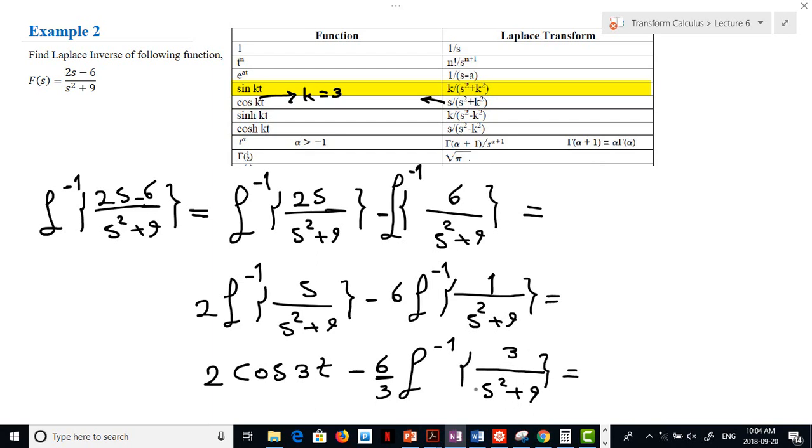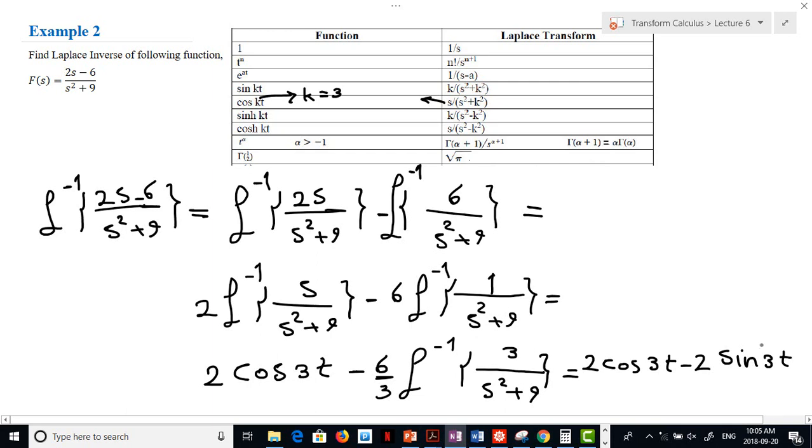But now this Laplace inverse is sine 3t based on the equation that we have here on top. So it's equal to, we already had 2 cosine 3t minus 6 over 3 is 2, and the Laplace inverse of 3 over s squared plus 9 is sine 3t.